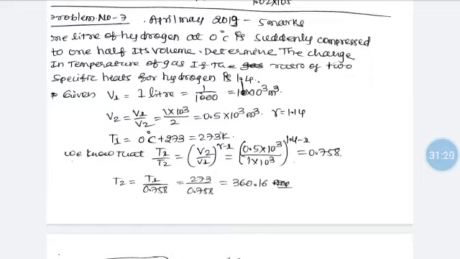Then we get 0.5 into 10 raised to minus 3 divided by 1 into 10 raised to minus 3, raised to 1.4 minus 1, that is 0.752. So T2 is equal to T1 divided by 0.752. So T2 will be 360.16.